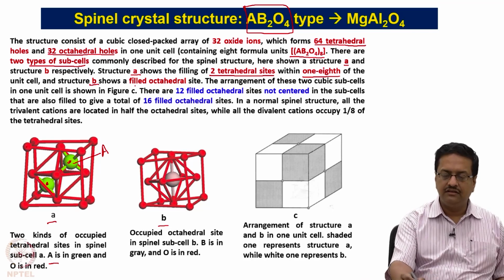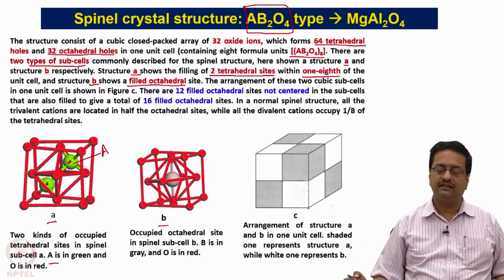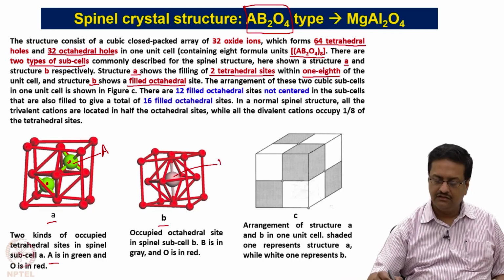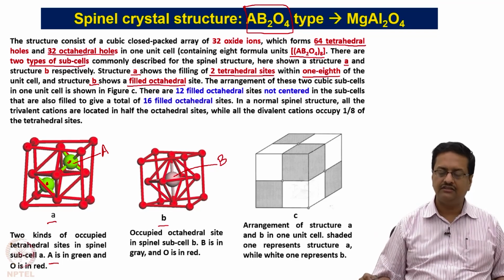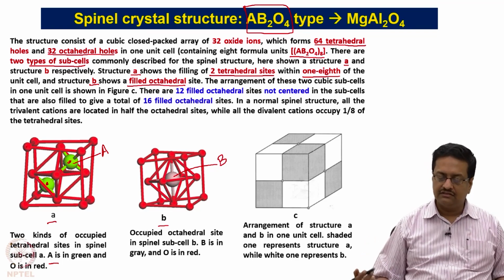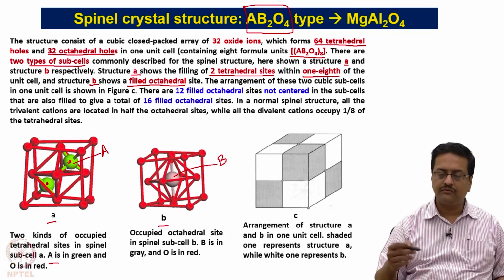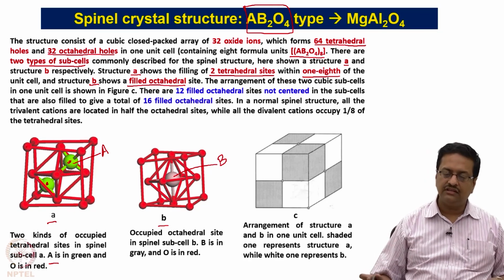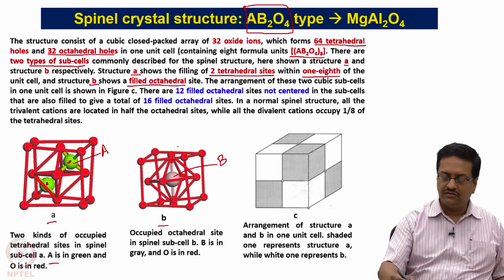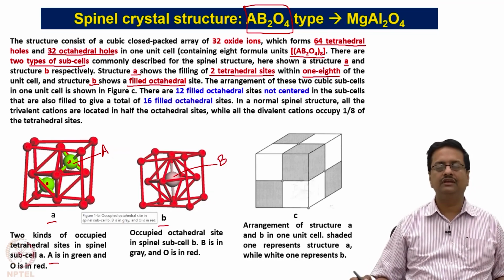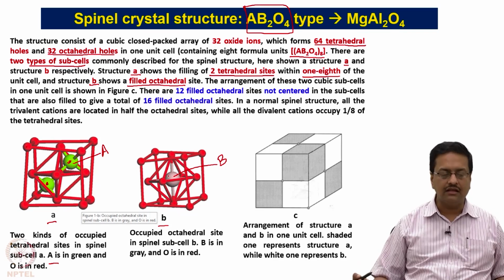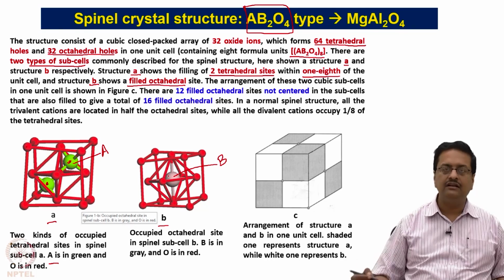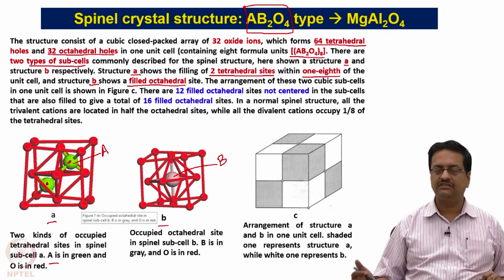In the structure B, it shows a filled octahedral site, which is this one. So, this is the cation of type B. That means a trivalent cation is sitting at that particular subcell of this face centered cubic structure. So, here the second subcell also has face centered cubic lattice of oxide ions, and the center is occupied by a trivalent cation. So, this particular arrangement is then stacked in a three-dimensional lattice.